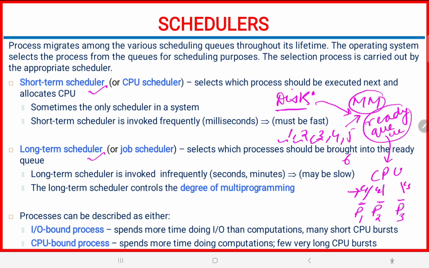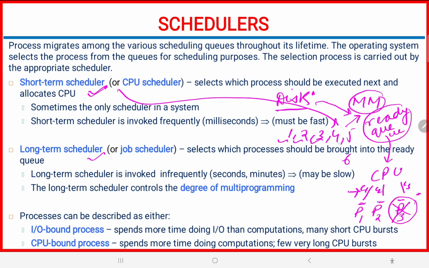Let's suppose that at some point in time process P3 has completed its execution. Once it has completed its execution, this CPU core is now free. In that case, the short-term scheduler will fetch another process from the list of available processes in the ready queue and allocate that process to the idle core of the CPU.